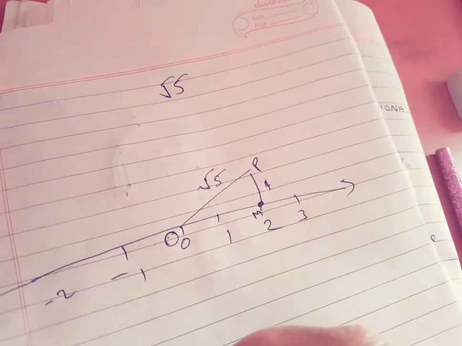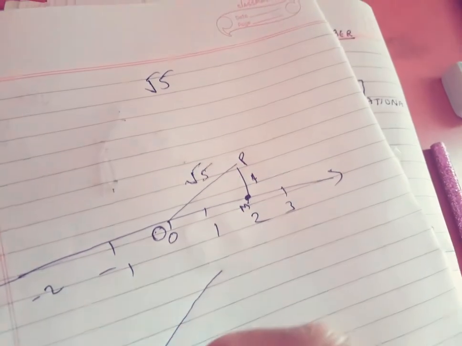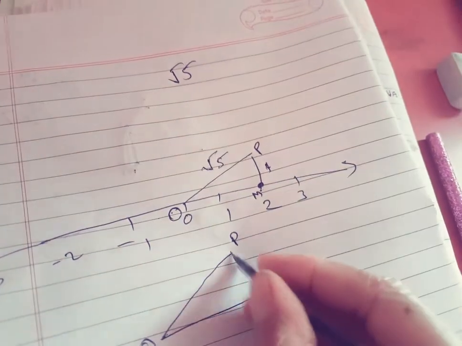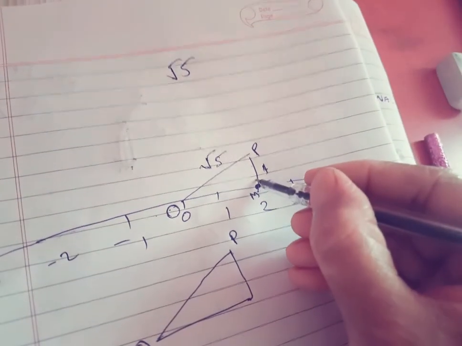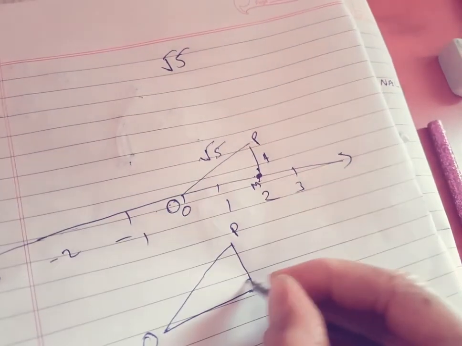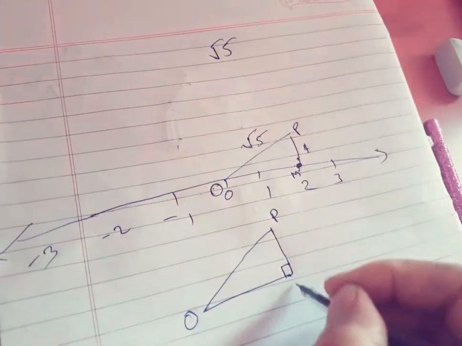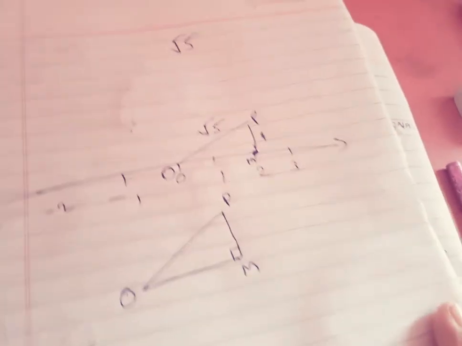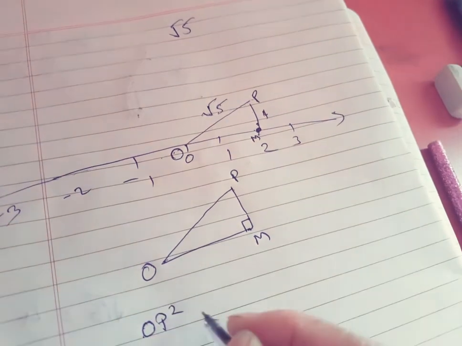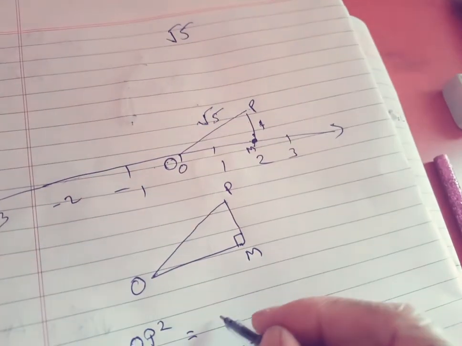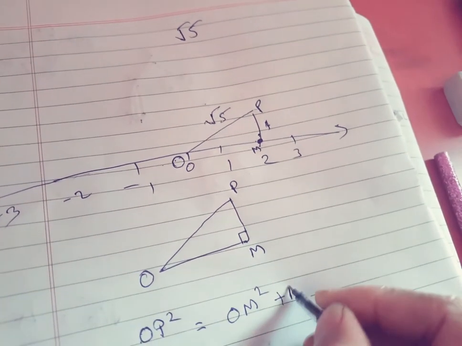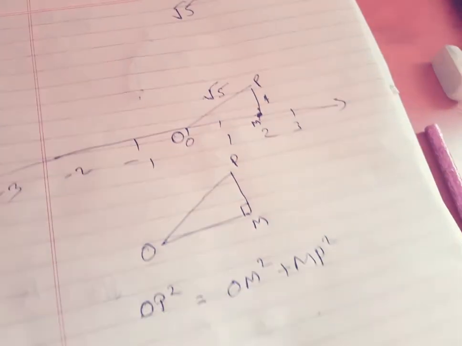So take the triangle OPM. You know that we took 90 degrees from here. So this is a 90 degree triangle OMP. Applying Pythagoras theorem for OP: OP square equal to OM square plus MP square.